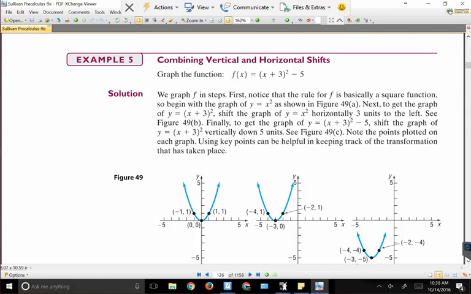I would think about it as x minus negative 3. Now I know the direction that it's going to go. So if x is going to be negative 3, that means it's going to be moved 3 back. If I've got that minus 5 out there, that means it's going to go down 5. So I know that it's going to end up being right down here. Okay? So it got pushed over back this way 3 units after we rewrote it as x minus negative 3, and pushed down.